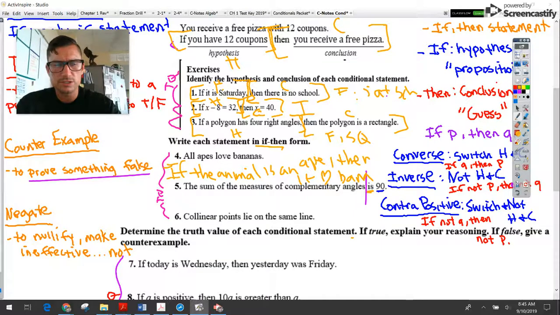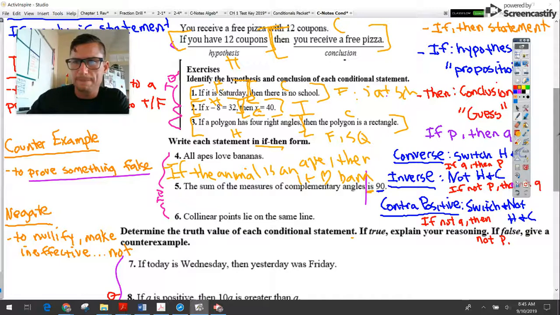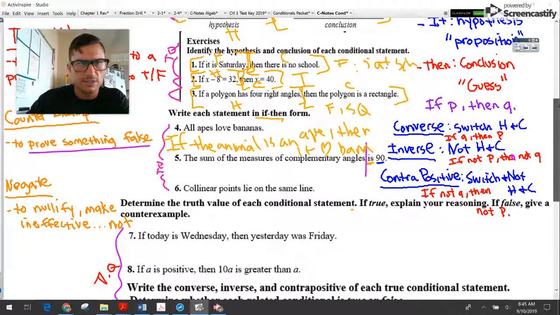I'm going to look at this one down below because I don't want to run out of time here on the video. For the collinear points lie on the same line, you could have, if you have collinear points, then they lie on the same line. So that would be another example of taking a general statement and turning it into a conditional statement, if-then.